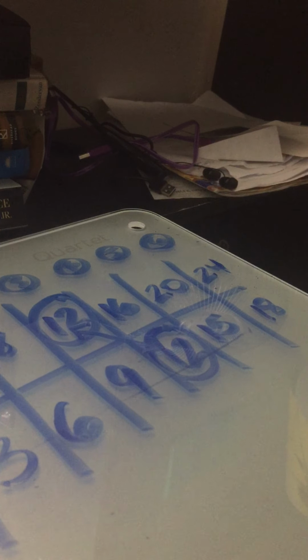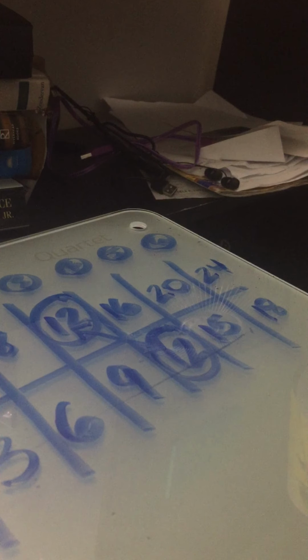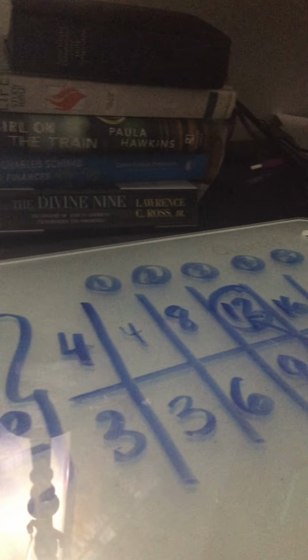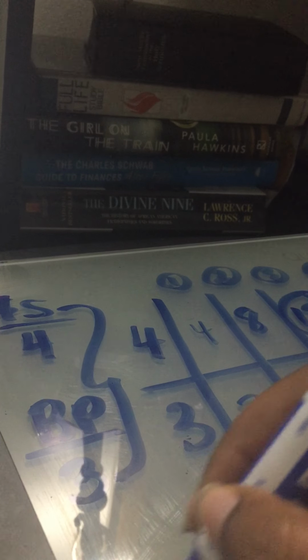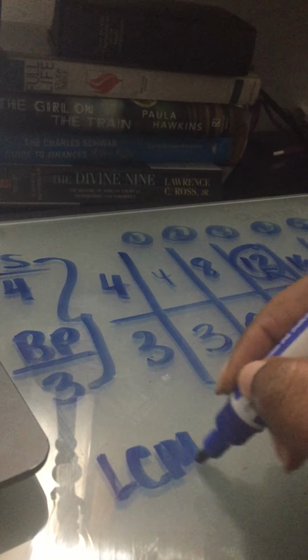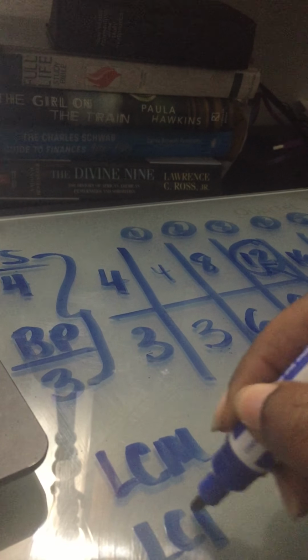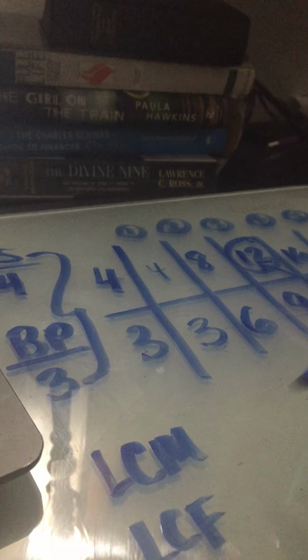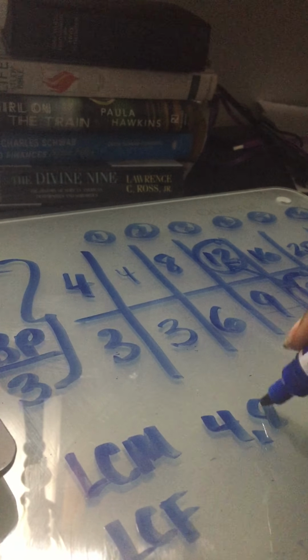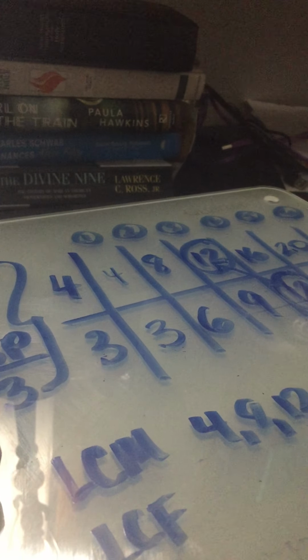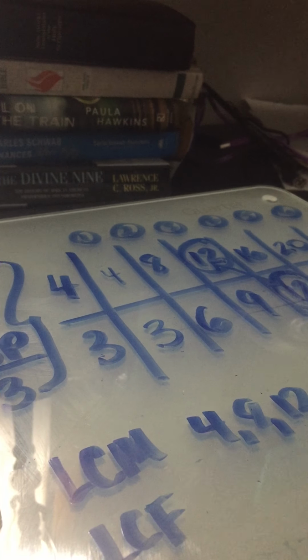So I made a chart so I could visually see it. But another way, which is going to be the same numbers, is when I look at the least common multiple, or some people might say the least common factors. What factors do they have in common? So that would be 4, 8, 12, 16, 20, 24, and so on.